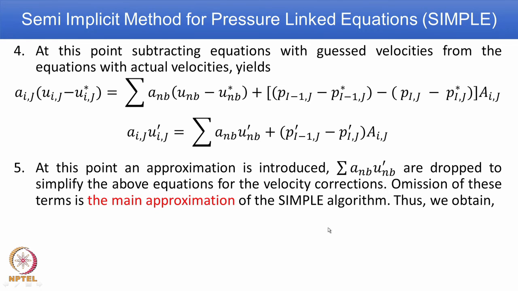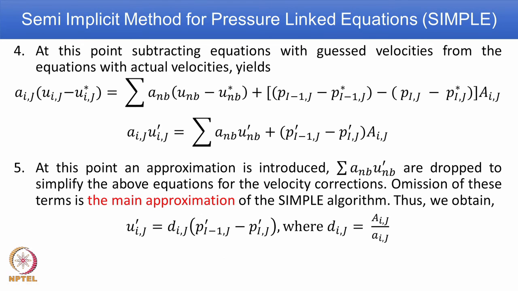At this point, an approximation is introduced, that is, the summation of a n b u n b prime is dropped simply from the above equation for the velocity correction, and omission of this term is the main approximation of the SIMPLE algorithm. So, once you drop this term, the summation of the neighboring node contribution, the resultant equation is shown here.